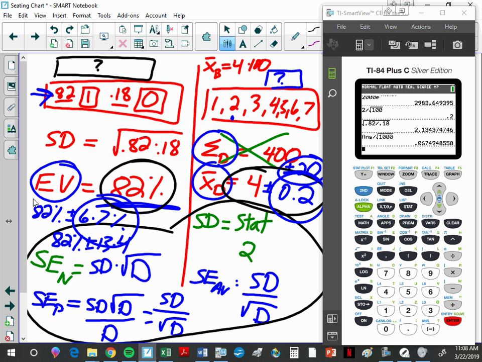But they're two different ideas. One is the true standard deviation from the box. The other is an estimated standard deviation from a sample. Well, it doesn't make sense to use the same variable for that. So in big boy and girl statistics, those two numbers actually have different variables.